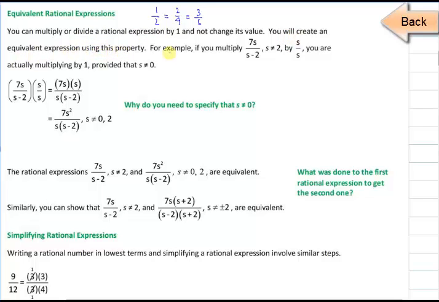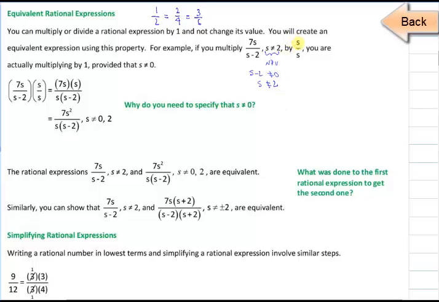So for example, if you multiply 7s over s minus 2, where s can't be equal to 2, by s over s, you are actually multiplying by 1, provided that s can't be 0. Okay, and what you've got here then, a few things going on. Number one, we know that s can't be equal to 2. We know that this is a non-permissible value because we know that s minus 2 cannot be equal to 0, and so therefore s cannot be equal to 2.